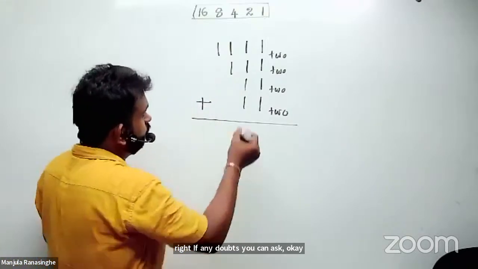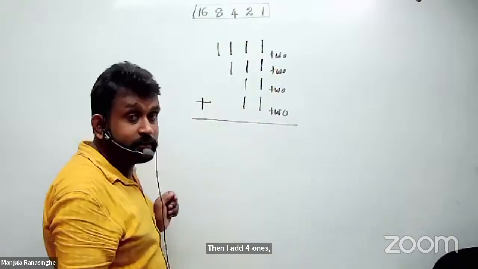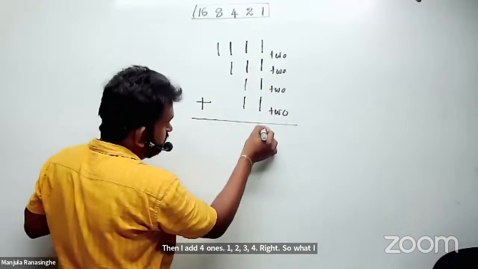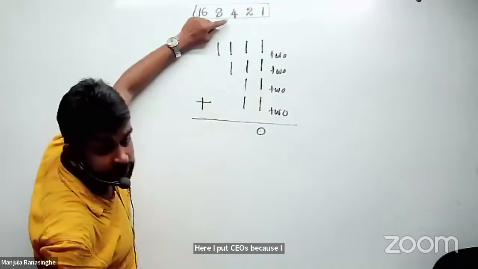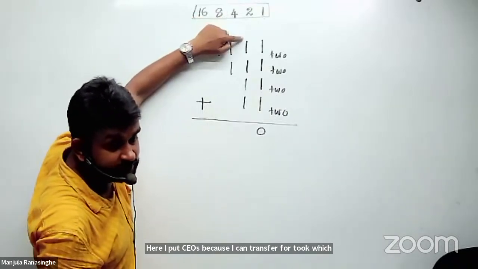Then I add four ones: one, two, three, four, right? So what I mentioned, four means, I put zeros here because I can transfer four directly to a place value, not to this one.